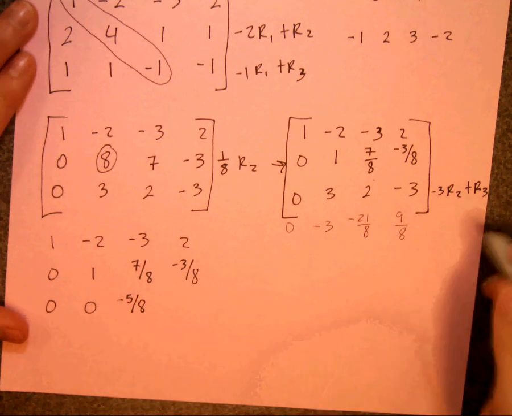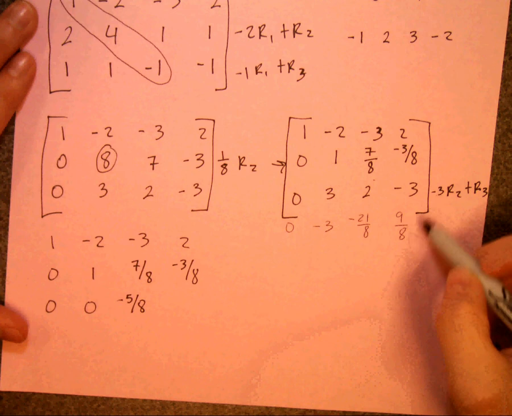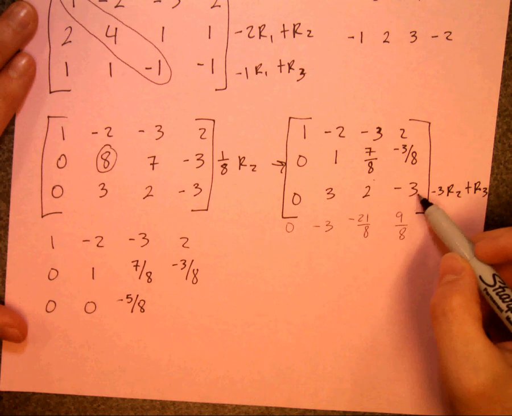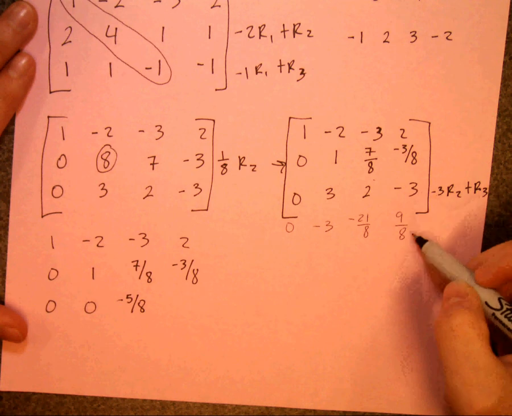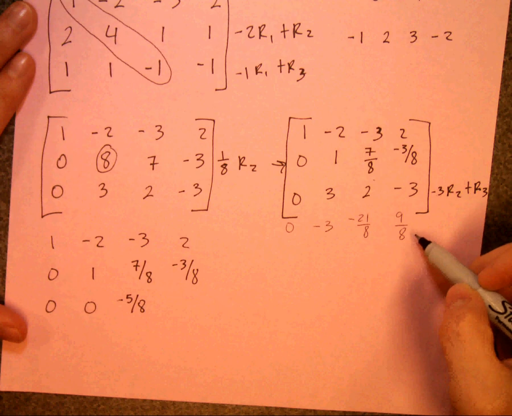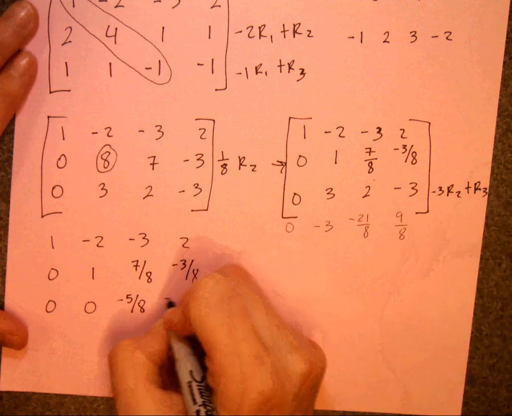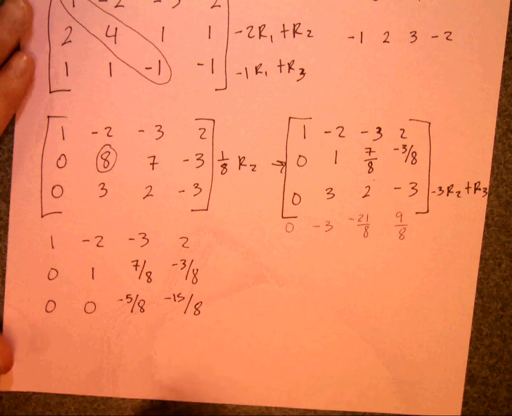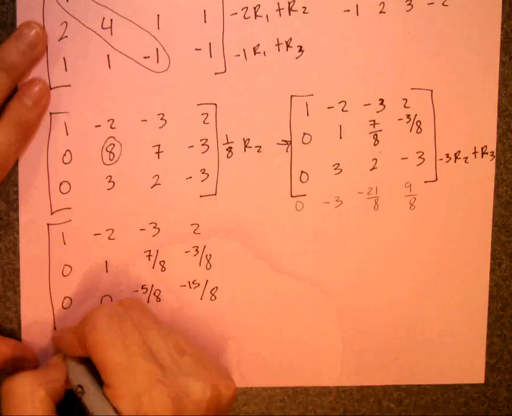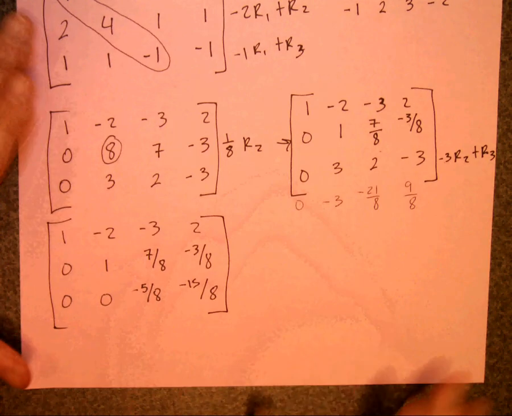And same thing, common denominator would be 8, so I have negative 24 over 8 plus 9 over 8, so negative 24 plus 9, negative 15. Fractions are our friends.